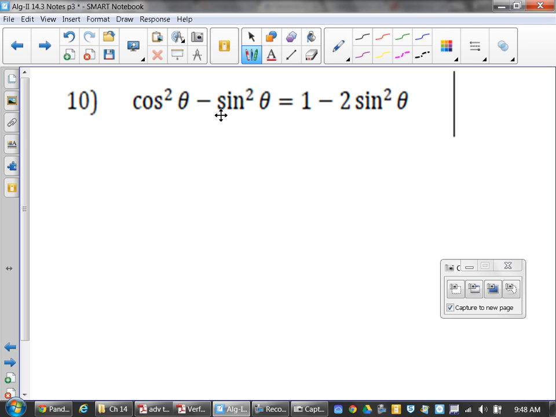You guys agree? Yeah. Which means they rewrote it in terms of sine squared. So cosine squared can be rewritten as 1 minus sine squared, so you have 1 minus sine squared minus sine squared, which is 1 minus 2 sine squared. That's exactly how that works.